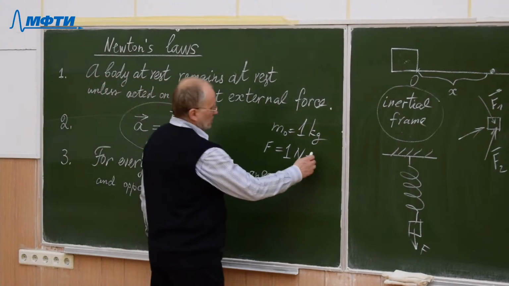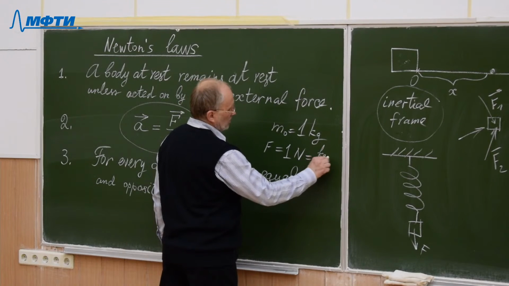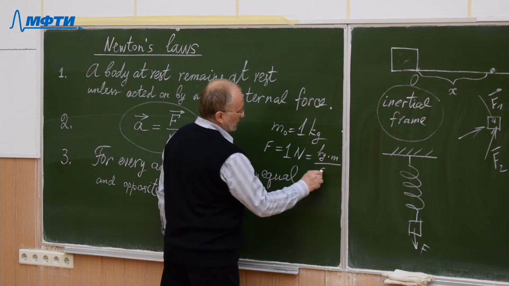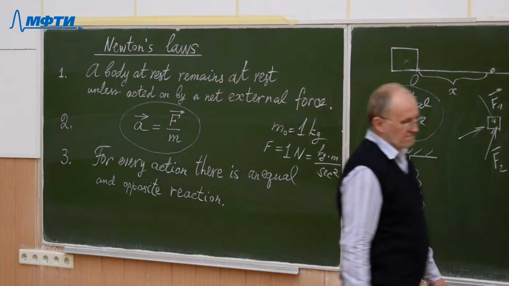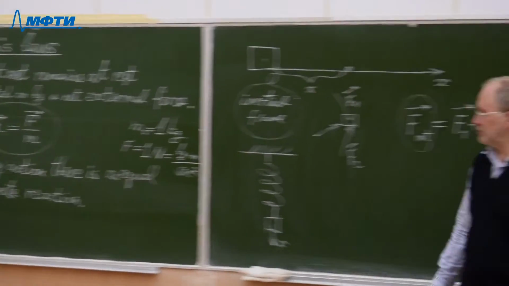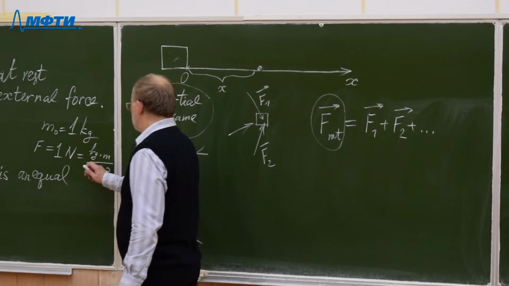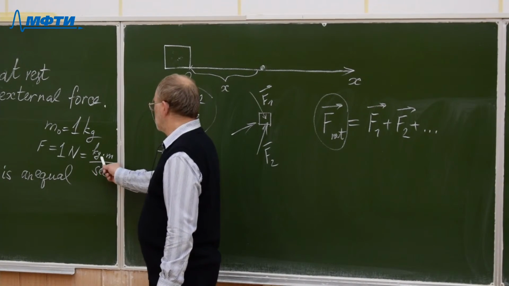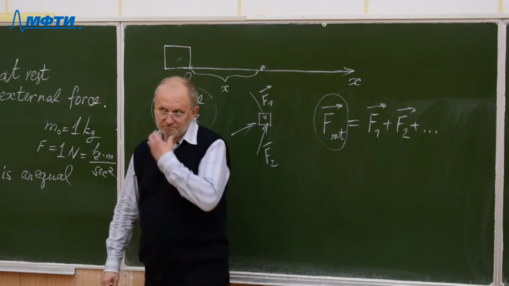So unit mass is 1 kilogram and unit acceleration is meter per second squared, which gives you the unit of measurement of force: one kilogram times 1 meter per second squared.